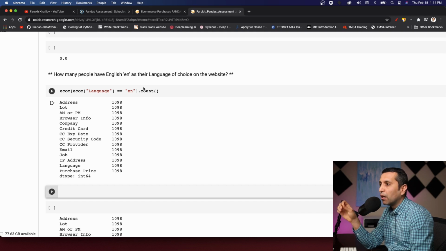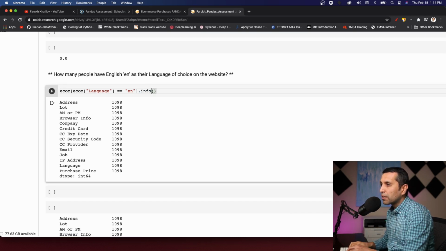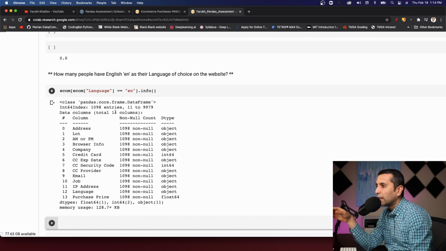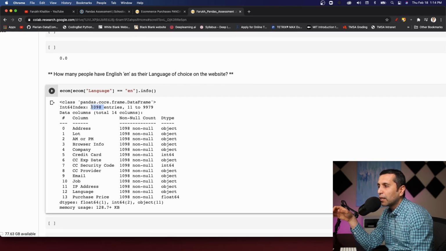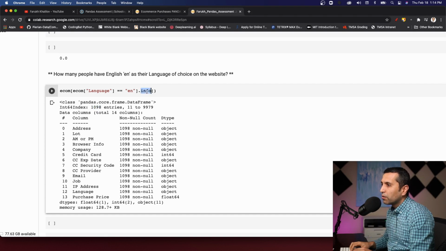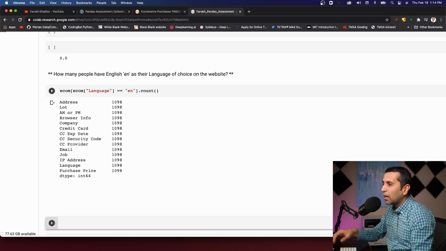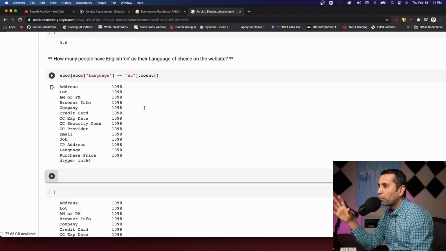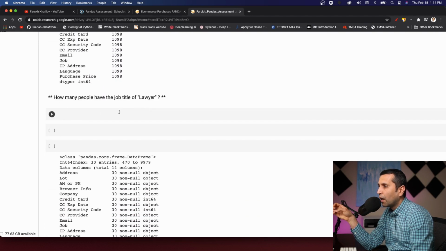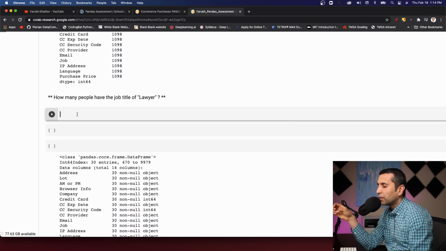Or if you want, you can use info as well, which is absolutely fine. It will say that we have 1,098 and it will give more details about that one. So whatever you want to use, the count function or the info function, both of them will work. Okay, so let's go back. Let's go to another one.